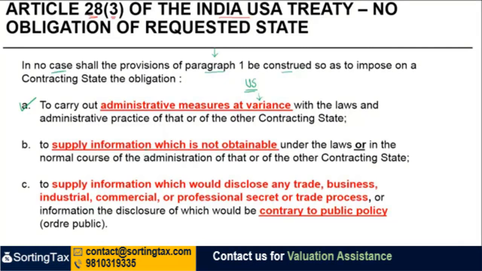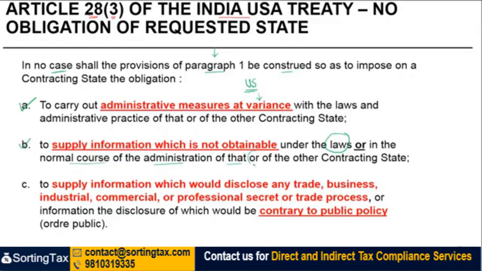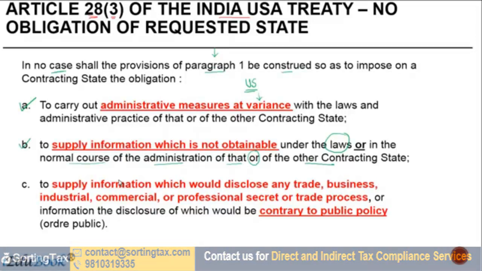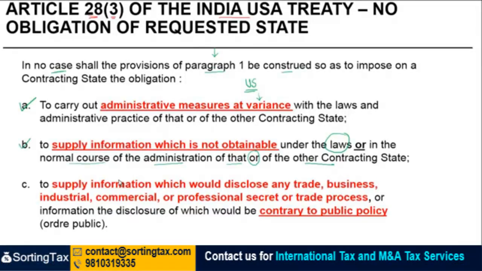To supply information which is not obtainable under the laws or in the normal course of administration of that or of the other contracting state. There is no obligation on the United States to provide any information which is not obtainable under their laws, or in the normal course of administration of either their or Indian laws.